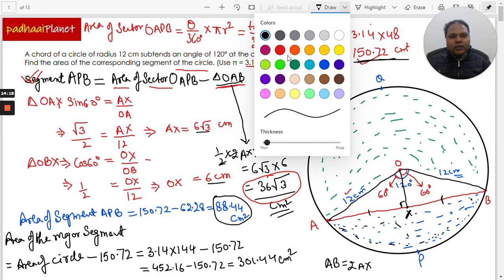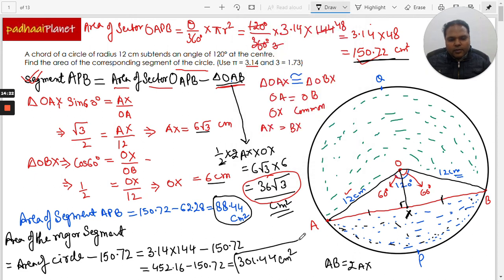So that's the area of the major segment.